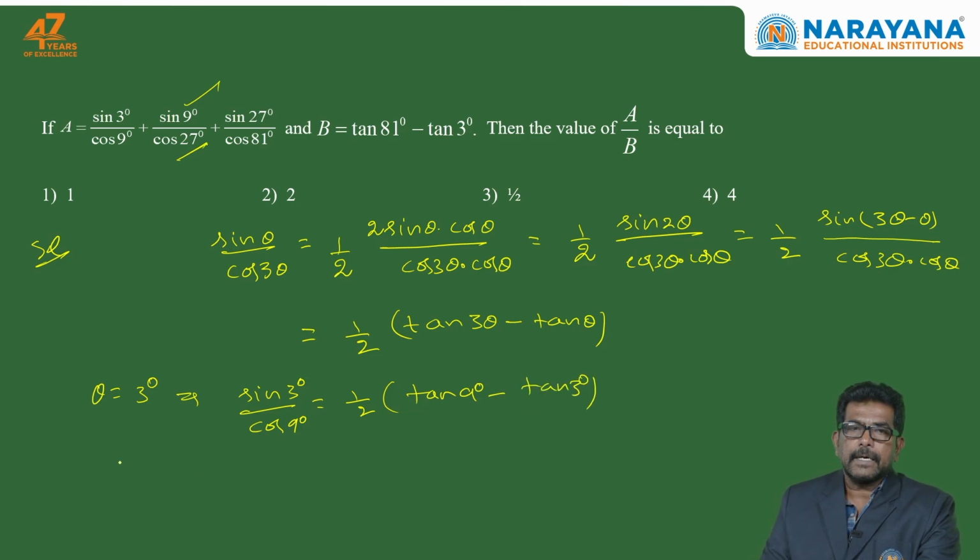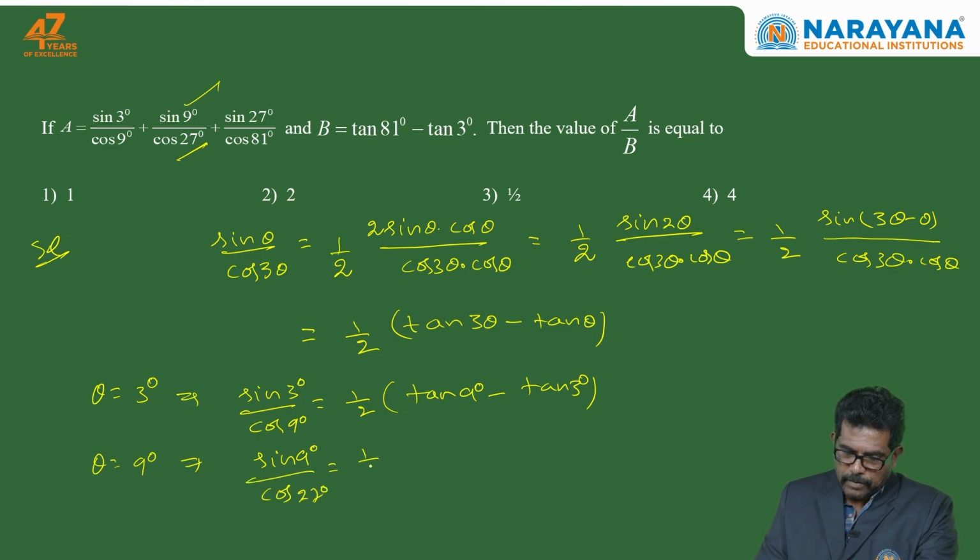Similarly, for the second term, we are applying theta is equal to 9 degrees. Sin 9 degrees upon cos 27 degrees is equal to 1 by 2 times of tan, here 3 theta, that's why 81 degrees minus tan 9 degrees.